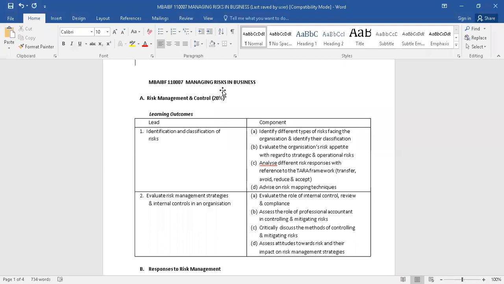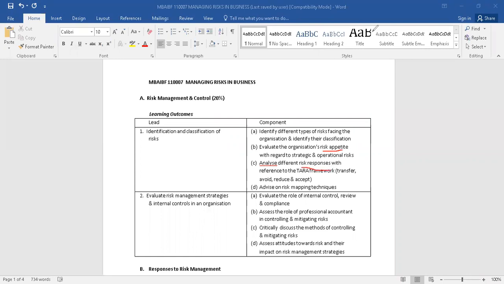Once we know about the different types of risk facing the organization, identify their classification, then evaluate the organization's risk appetite, then we understand their risk responses. So that is what we will be looking into now.